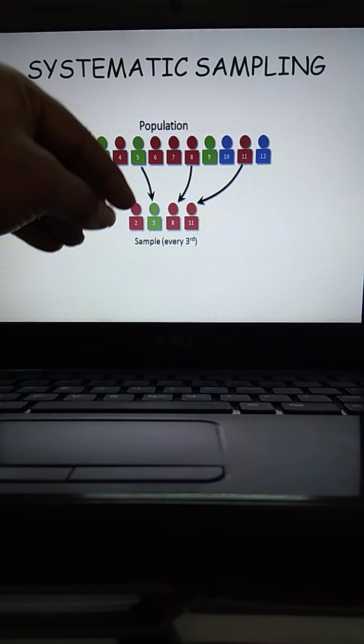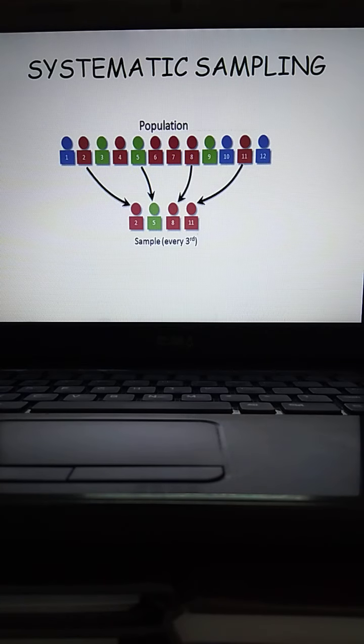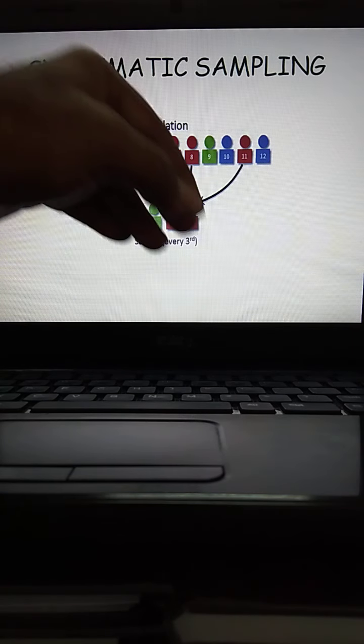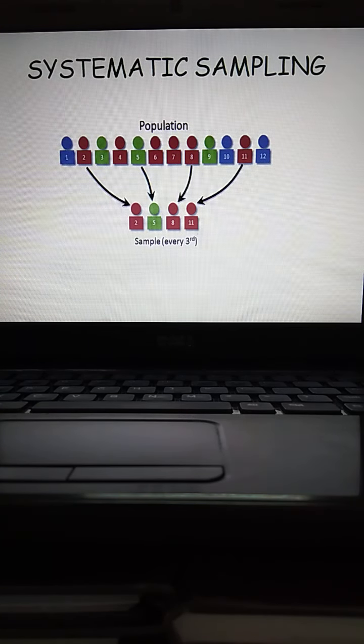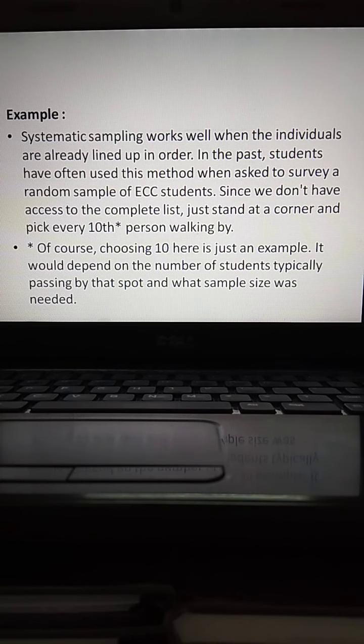Every third auto rickshaw is involved into the sample. Every third student is involved into the sample. Every third patient is involved into the sample. So you are following a fixed method. That's why this method is known as the systematic sampling method. This is one example to understand systematic sampling.